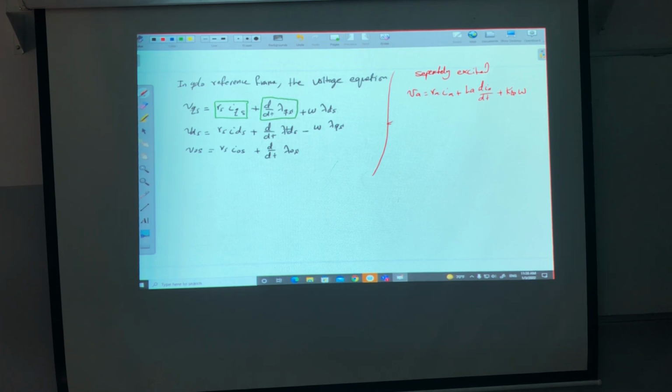And what about this one? This is induced voltage due to static coupling, like a transformer. There's a coupling between the windings, so I'm having induced voltage due to static coupling. So this one we can call the static induced voltage.